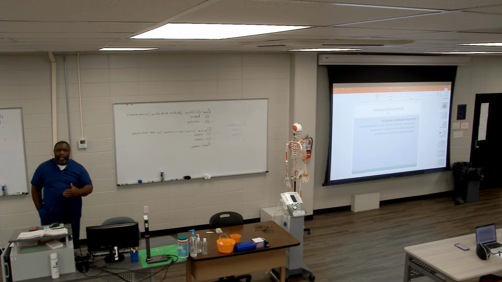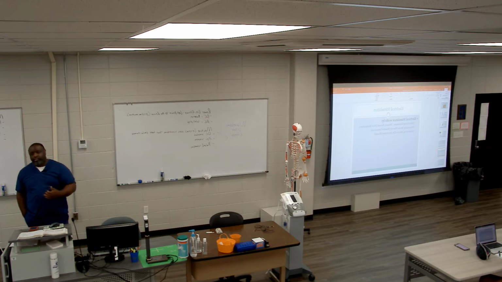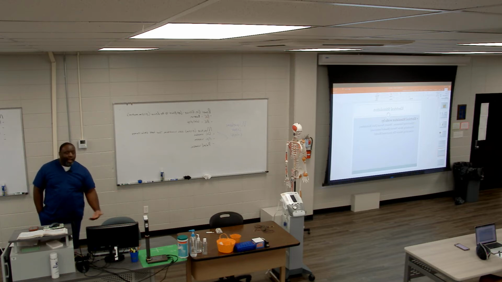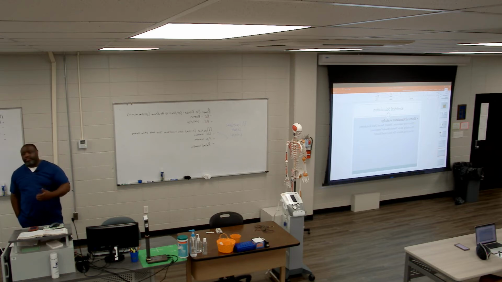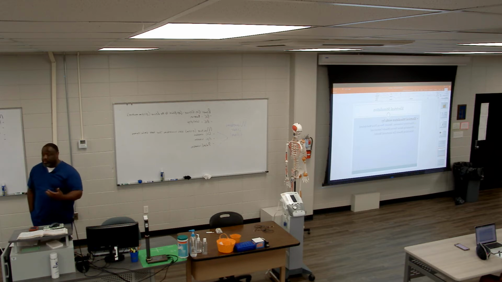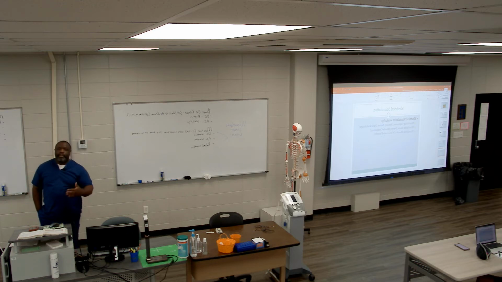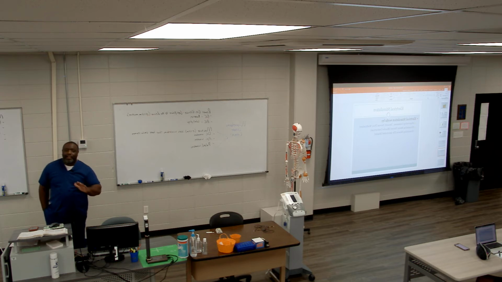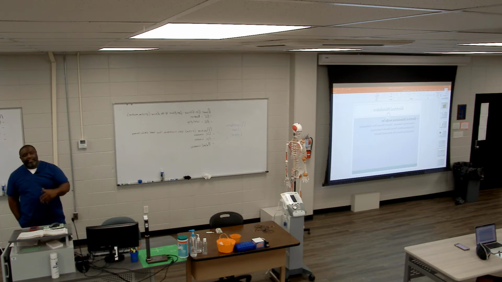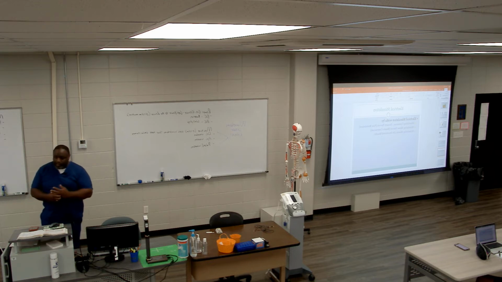Let's say someone has a spinal cord injury, or they have a block where the nerve is no longer communicating with the muscle. And I still want to stimulate the muscle. There are ways where we can stimulate just the muscle and not the nerve, and that's called denervated muscle stimulation.